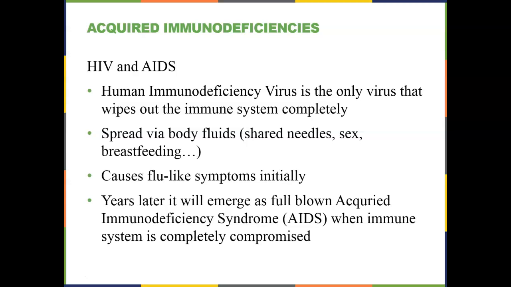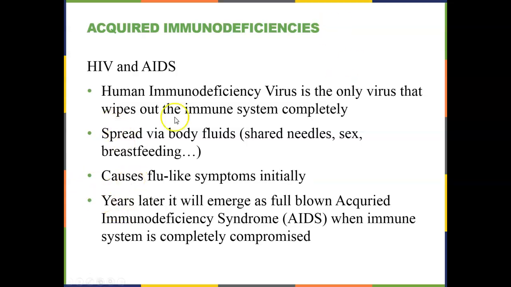All viruses, all pathogens can cause problems with the immune system. Our immune system has to work harder and you get tired, but HIV wipes it out. The reason it does this is because it attacks the helper T lymphocytes. And helper T lymphocytes are what stimulate both non-specific and our specific defenses.